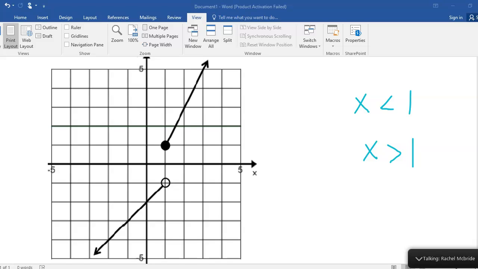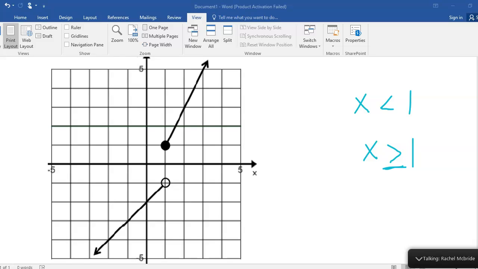So is the closed circle going to be with the x values greater than 1, or the x values less than 1? So that means where x is greater than 1, maybe, we're going to include it. So it's going to be x greater than or equal to 1, or x values less than 1.